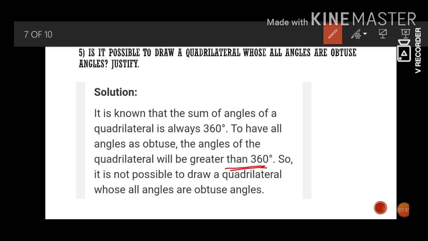If all the angles are more than 90 degrees, then the total sum will never be 360. It will be more than 360. And the angle sum property of a quadrilateral says that the sum should be equal to 360. So it is not possible for a quadrilateral whose all angles are obtuse.